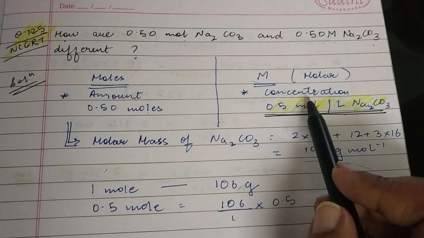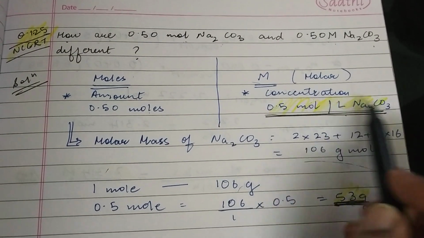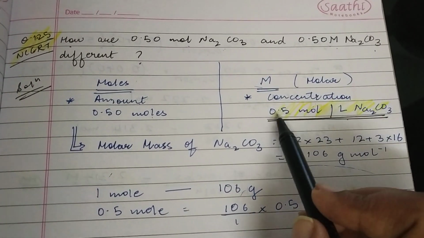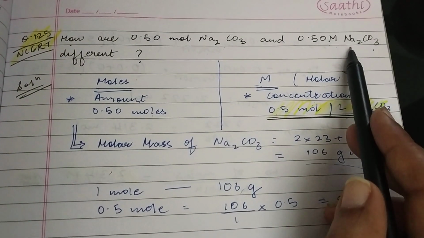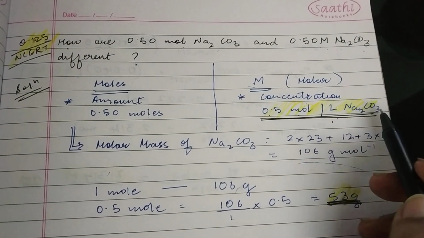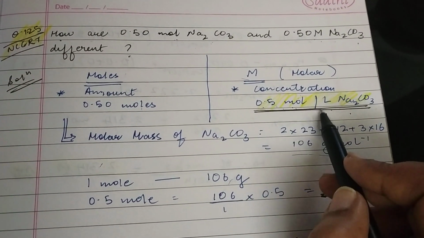Alright, molarity is defined as number of moles of a substance dissolved in 1 liter of solution. So 0.5 molar would mean that 0.5 moles of Na2CO3 have been dissolved in 1 liter of solution. Alright, so it is 0.5 moles per liter.